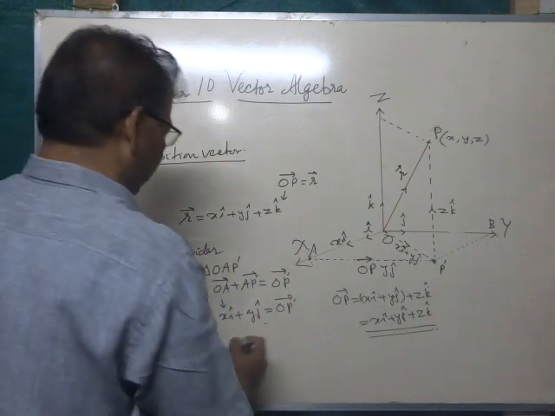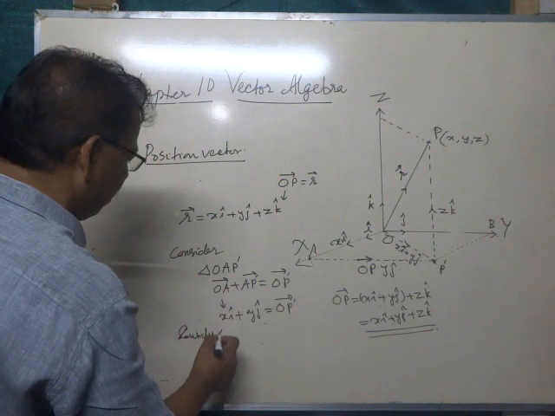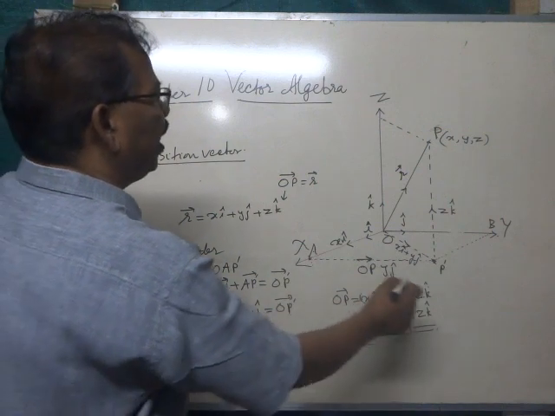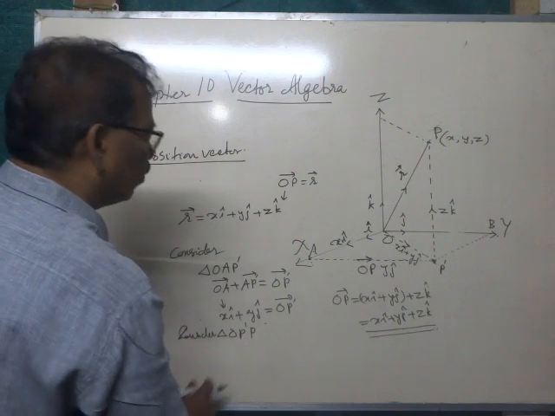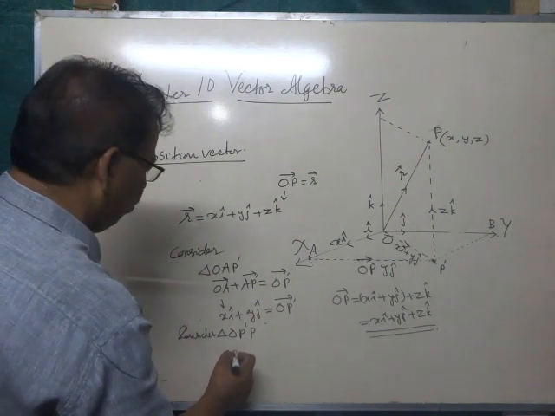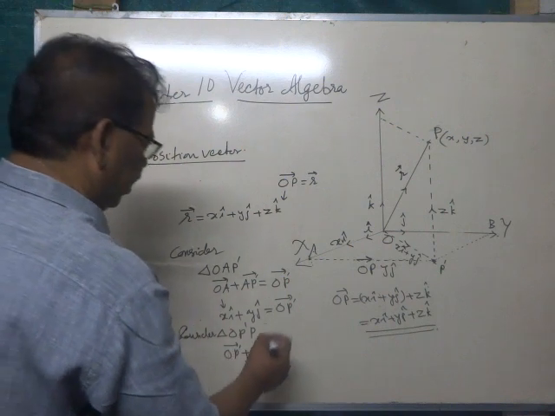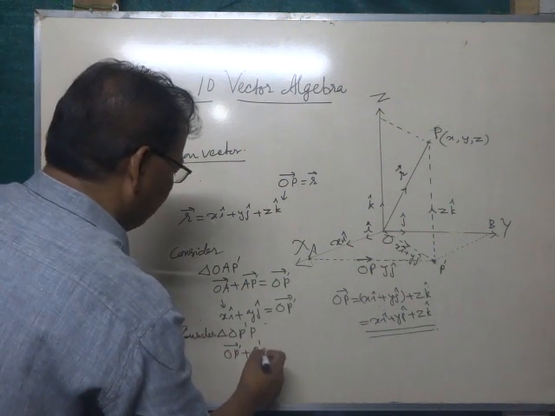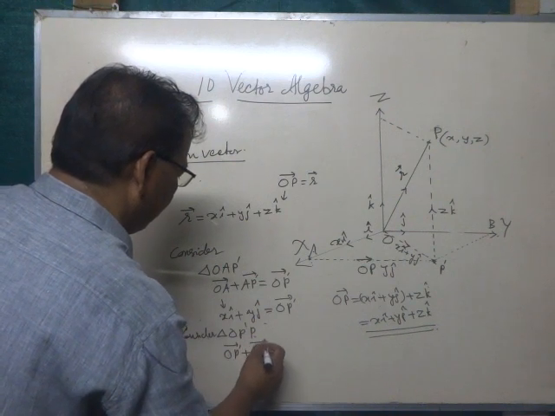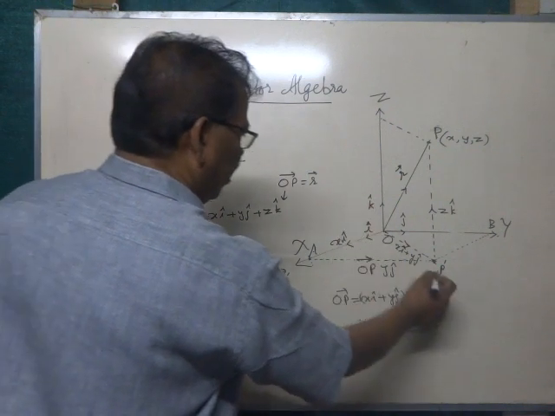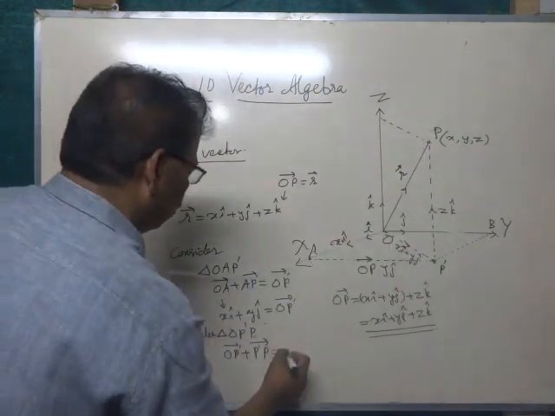Now consider the triangle OP dash P. Now vector OP dash plus vector P dash P will be equal to OP.